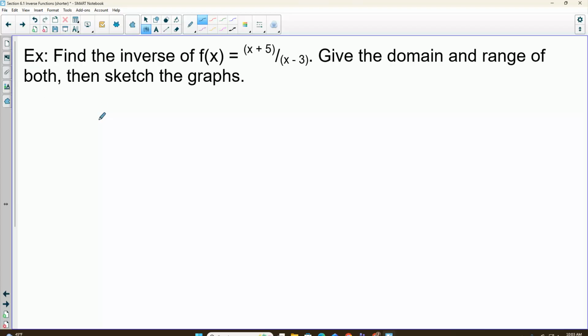All right, what's my first step? Good. So we change the f of x to y, switch x and y.